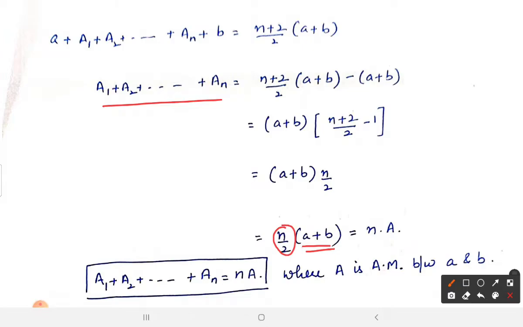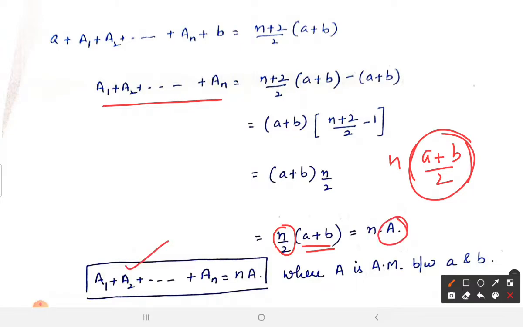If we combine this with a plus b by 2, this is the arithmetic mean between the two numbers, which is capital A. So the sum of these n means is equal to n times the arithmetic mean between A and B. This is the relation we get.